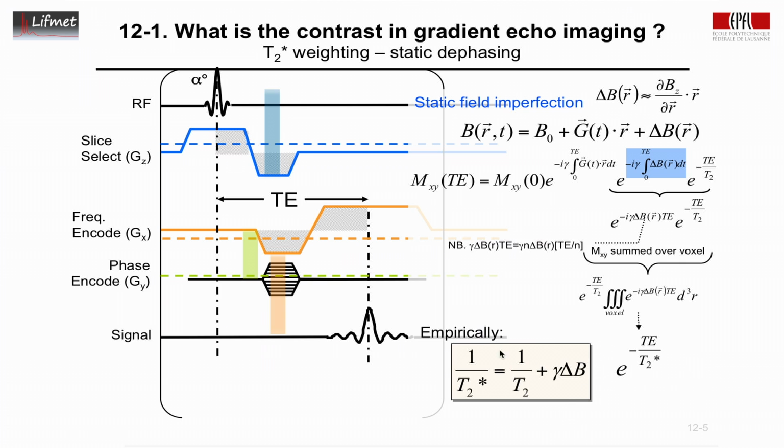If the right side is bigger, then T2 star is smaller than T2, or T2 is longer than T2 star. So delta B is really an empirical parameter, a fudge parameter that just describes the degree of inhomogeneities, but it is a way to quantify the inhomogeneities that are present in the voxel.